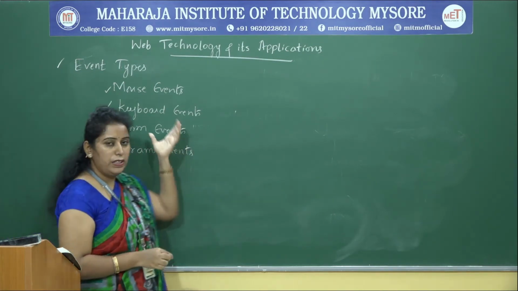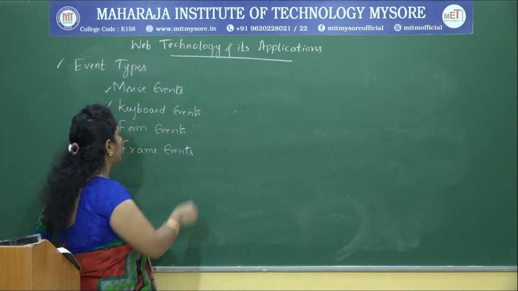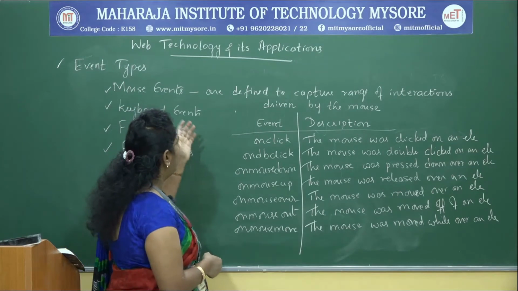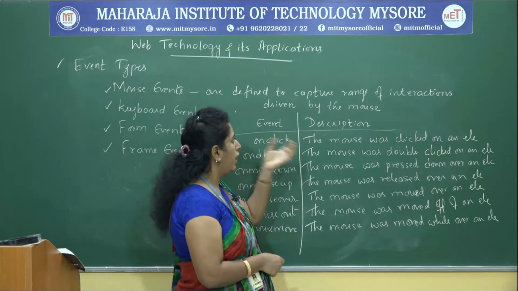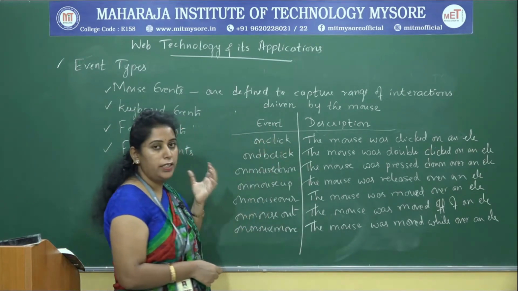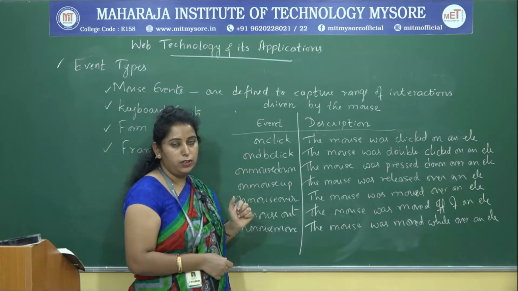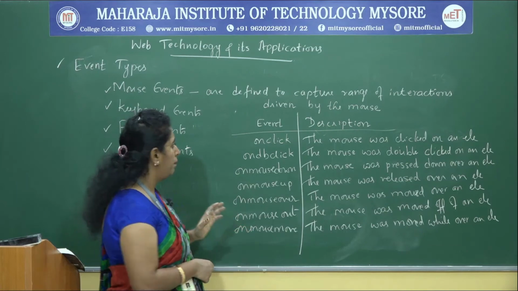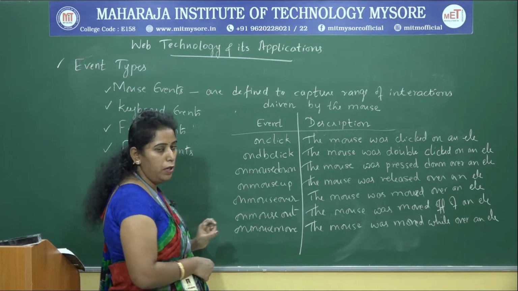We will start with mouse events. What are mouse events? They are defined to capture a range of interactions driven by the mouse. Which are all the events which can be done through a mouse?